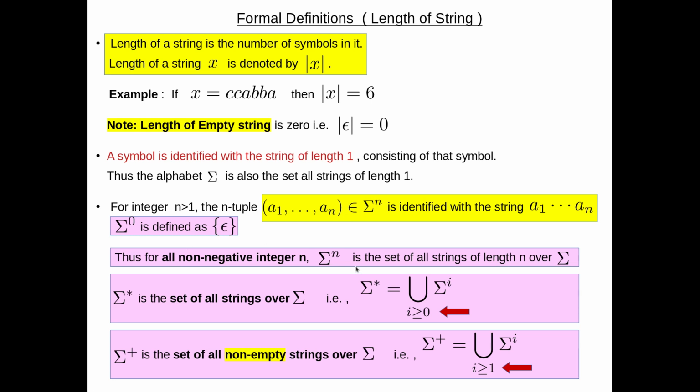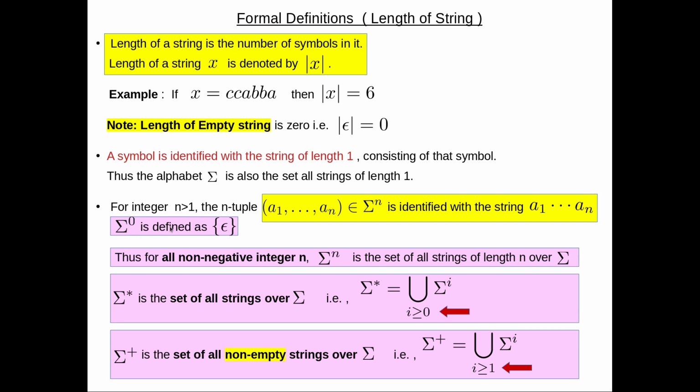Now this defines it only for positive n. We extend this definition by saying that sigma to the 0 is defined as the set containing the empty string, because what we want is sigma to the n to be the set of all strings of length n. The length 0 string is the only string, the empty string.